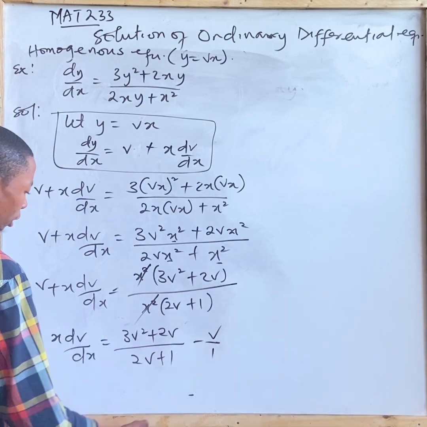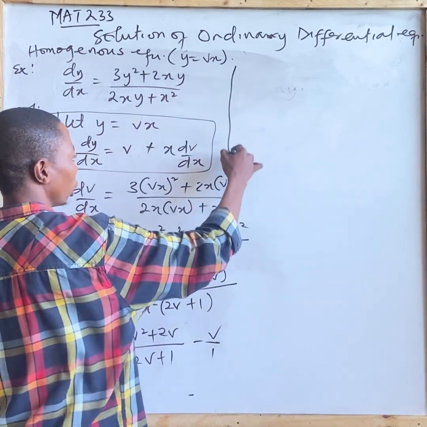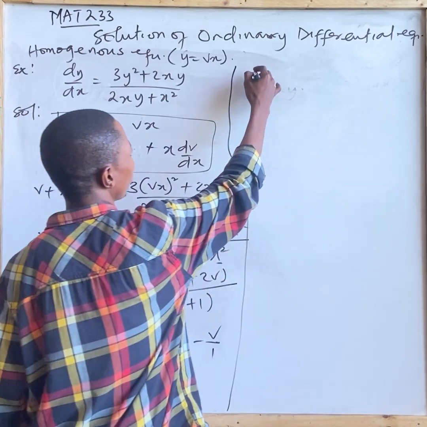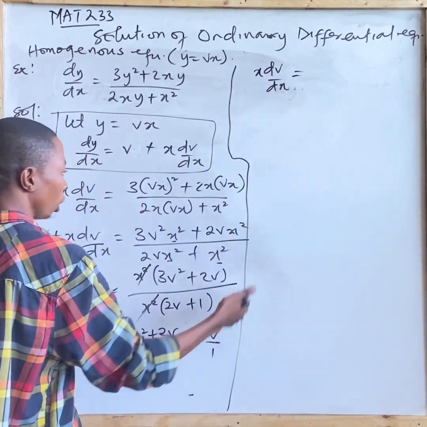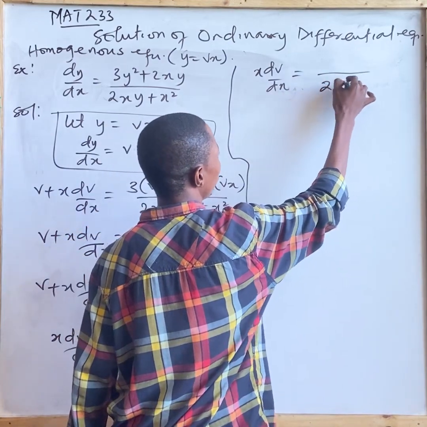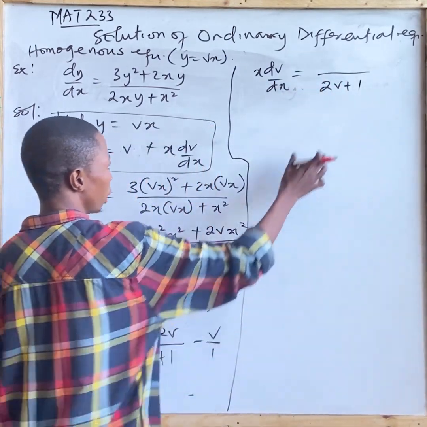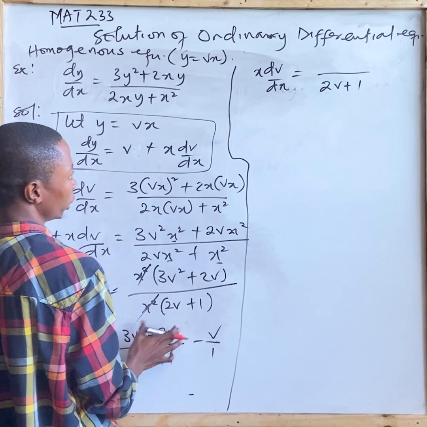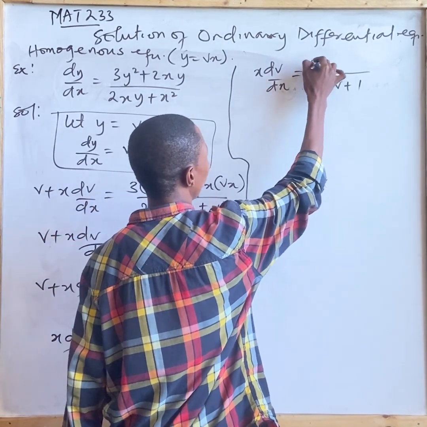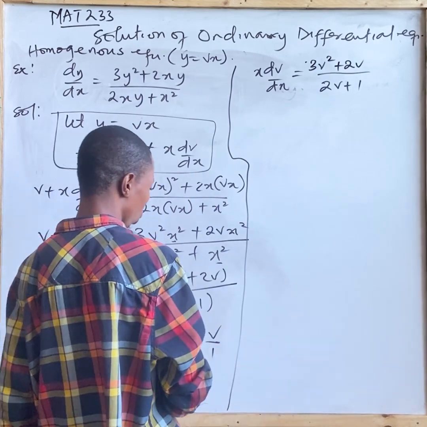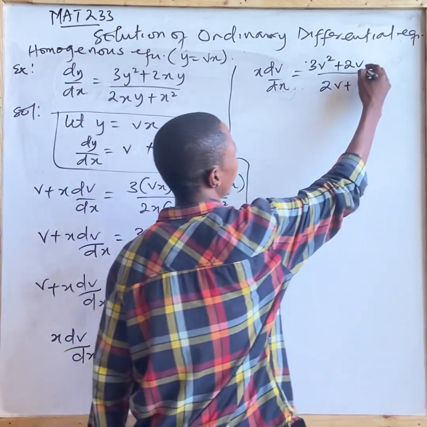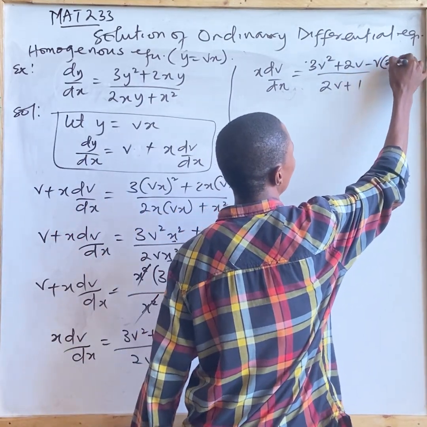So you simplify this as a simple fraction. We are going to have x dv/dx is equals to, with your LCM to be 2v plus 1, 3v squared plus 2v, minus v times 2v plus 1.